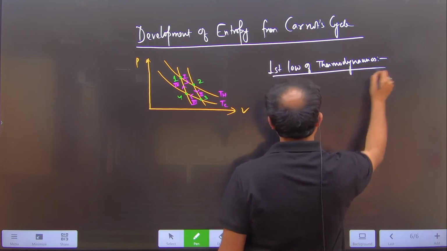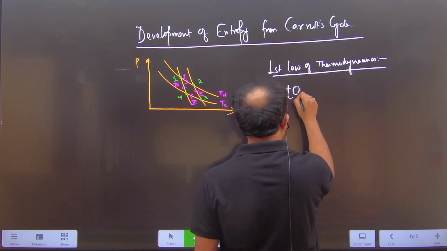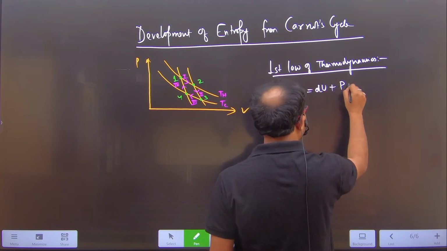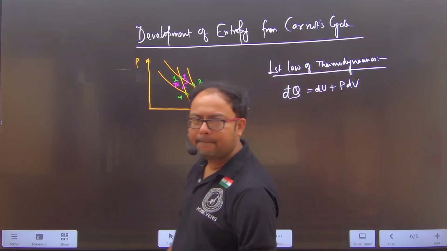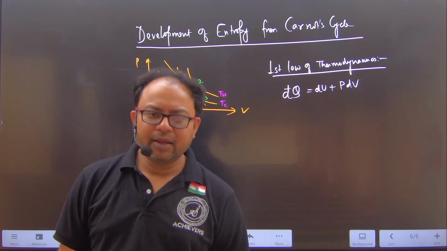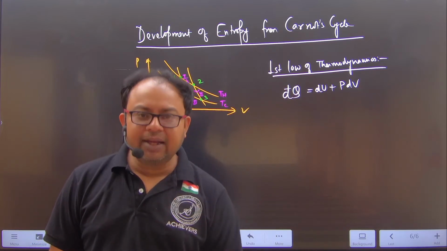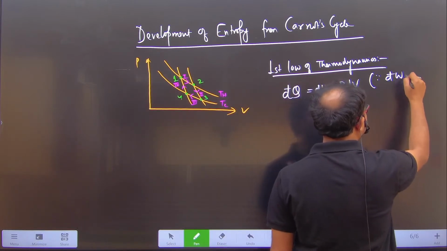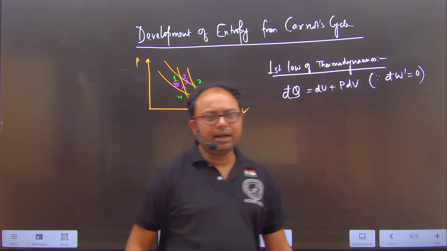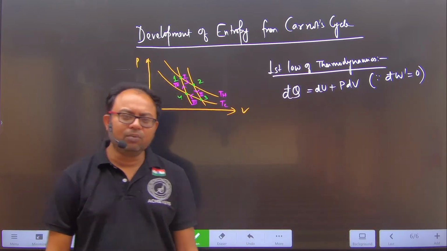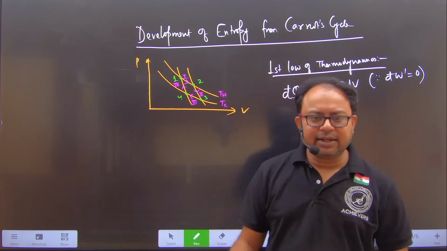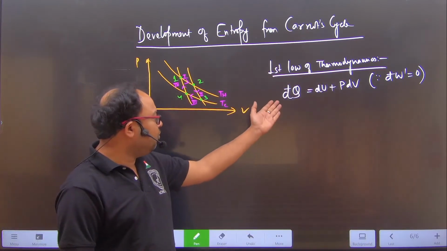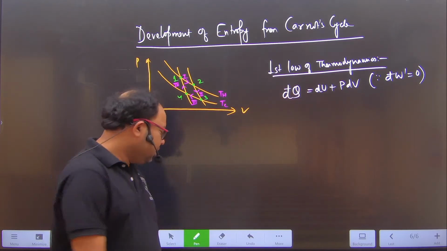We know that d cut q is equal to dU plus pdV, when there is no non-mechanical work. So let us consider the non-mechanical work d cut w dash to be equal to 0. In the absence of any non-mechanical work, the expression is like this.